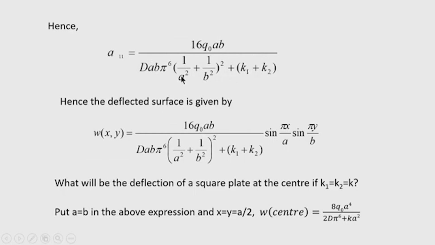Now, you can note here this expression can be verified easily, because when there was no spring, the plate is like a rectangular plate simply supported along all edges subjected to only a uniformly distributed load. In that case the results are well known. So, if the springs are absent, then we can take k 1 equal to k 2 equal to 0.